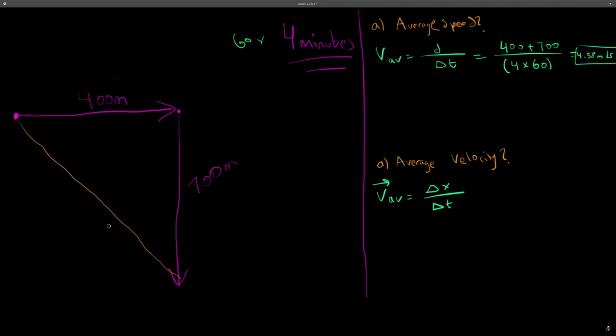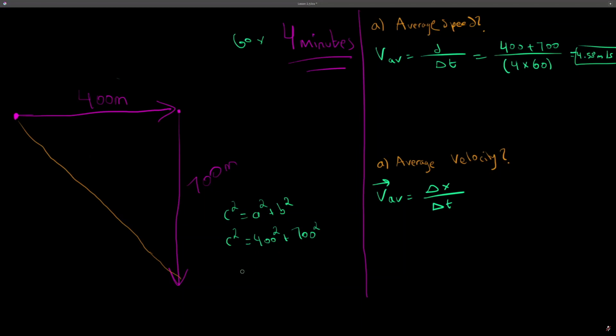Now, how do we find the length of this line? It's a triangle, so we use the Pythagorean theorem. So c squared is equal to a squared plus b squared. So c squared is equal to 400 squared plus 700 squared.